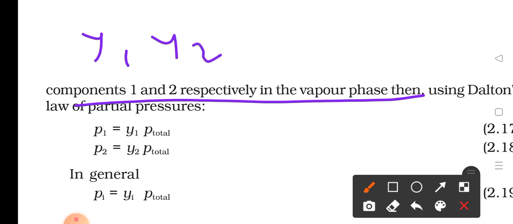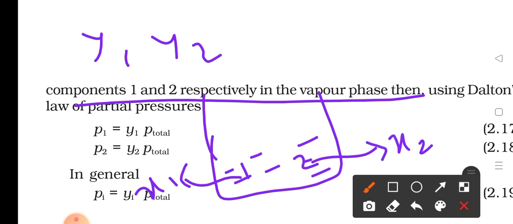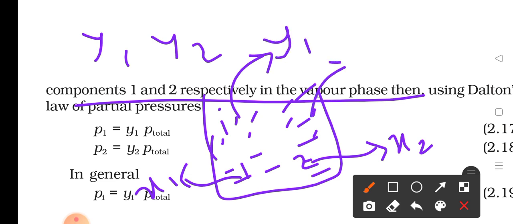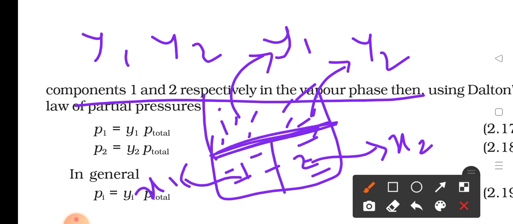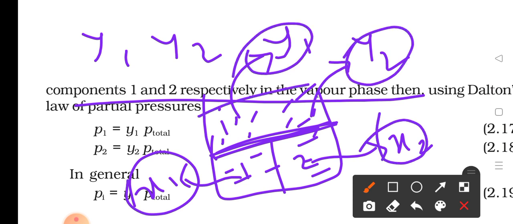Here we have two different liquids, 1 and 2. In liquid form, their mole fractions are known as x1 and x2. But after some time they become vapor, and in the vapor phase the mole fractions are known as y1 and y2. Remember that in liquids the mole fractions are x1 and x2, and in vapor they are y1 and y2. Don't be confused about that.